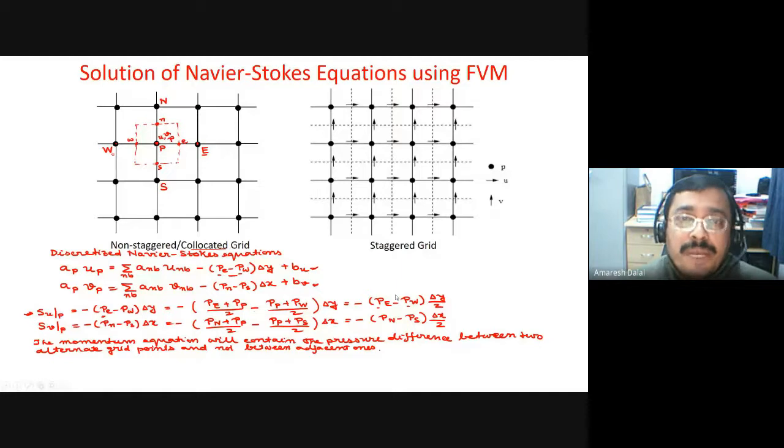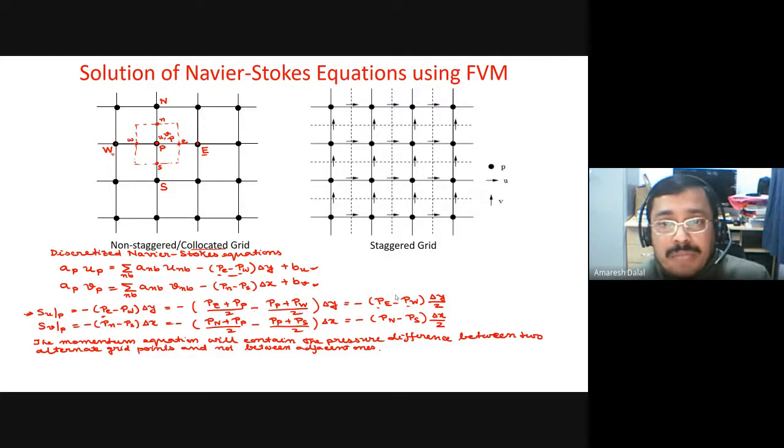If this becomes 0, that means velocity and pressure will decouple, because velocity u is due to the pressure gradient del p by del x, but the pressure gradient is becoming 0, so velocity and pressure will be decoupled. So that is the problem in using a collocated grid.